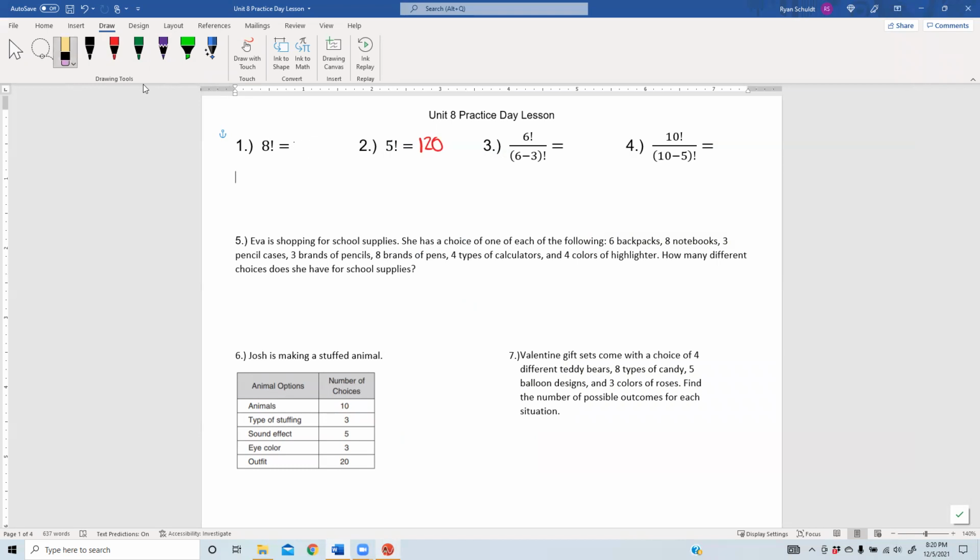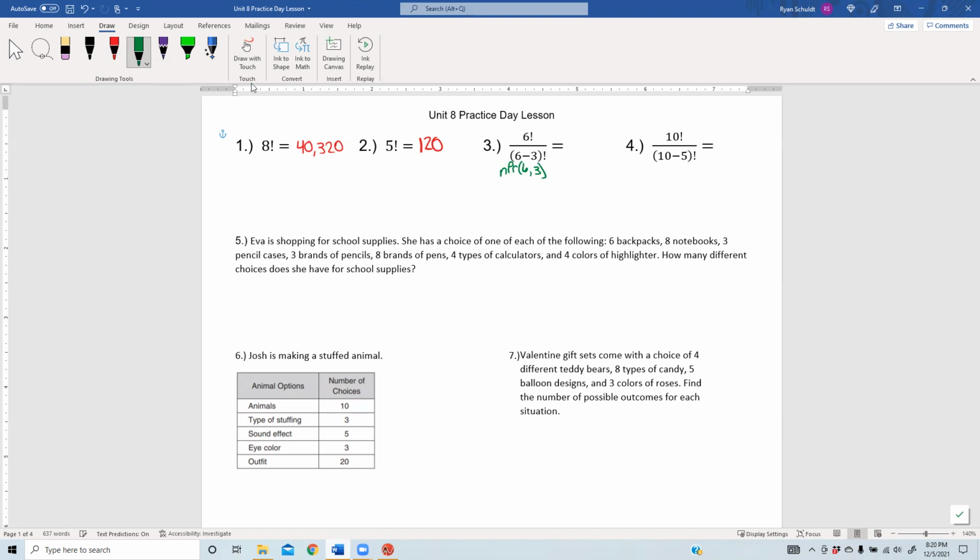Kind of make this a different color so you can see it easier. And then for the next one. Now, this one, if you remember that this is a permutation, 6 would be your N, 3 would be your R. You could easily do NPR 6, 3.